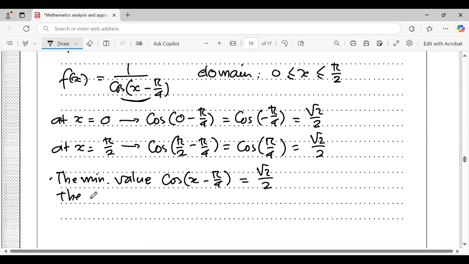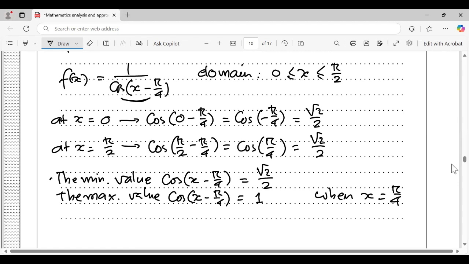And the maximum value occurs when x equals pi quarter. So it is 1, because cosine 0 equals 1, right?